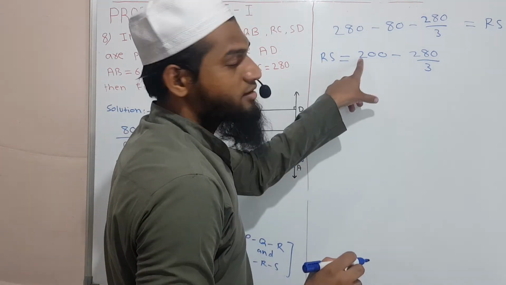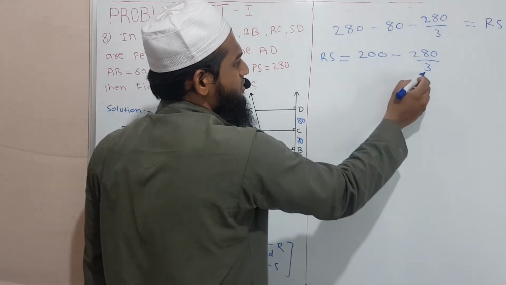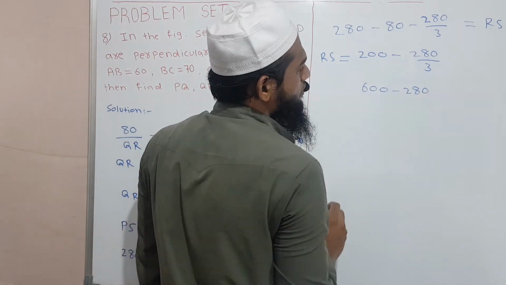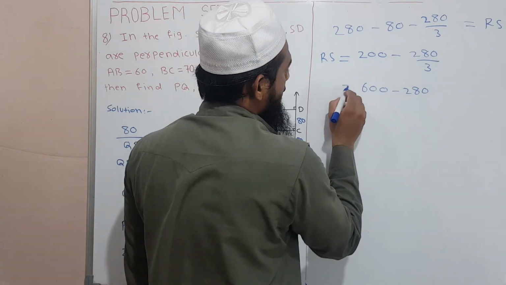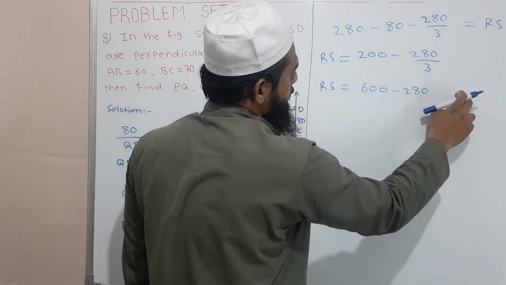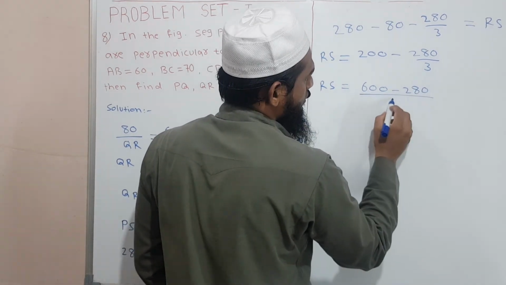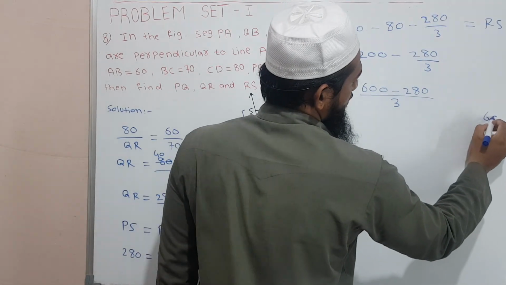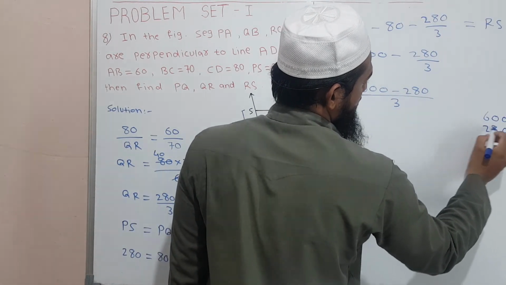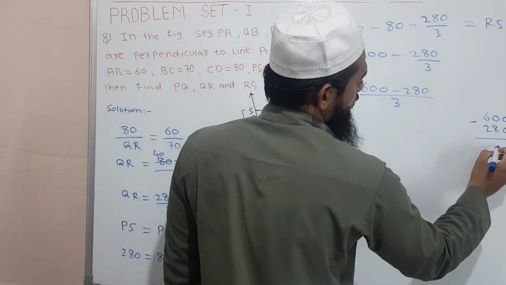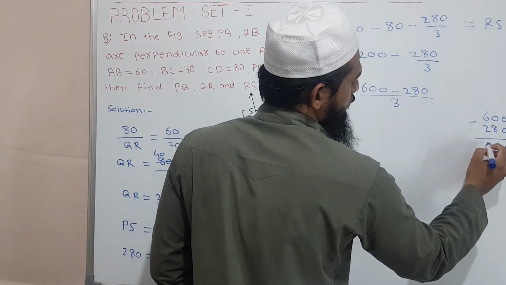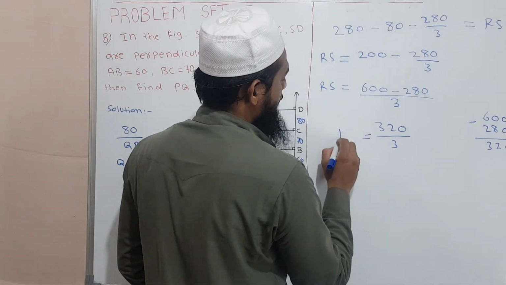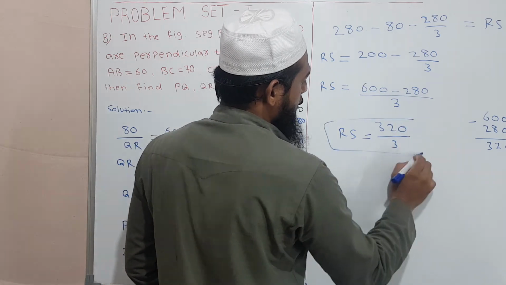If I do the cross multiplication, 3 2s are 600 minus 280, upon 3. 600 minus 280 is 320 upon 3. This is the value of RS, which we had to find.